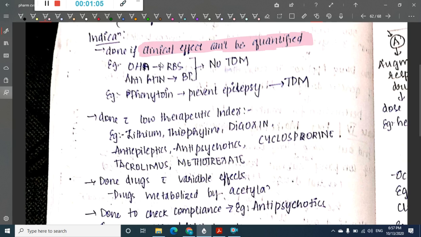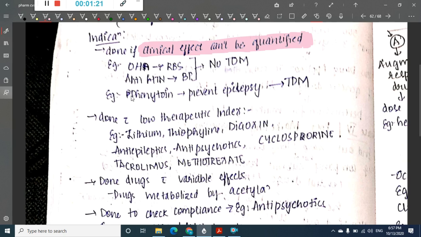And if it is anti-hypertensive drugs, they can be monitored by measuring the blood pressure. So you can easily quantify the effect of these drugs based on these two parameters. As a result, you do not require any therapeutic drug monitoring.